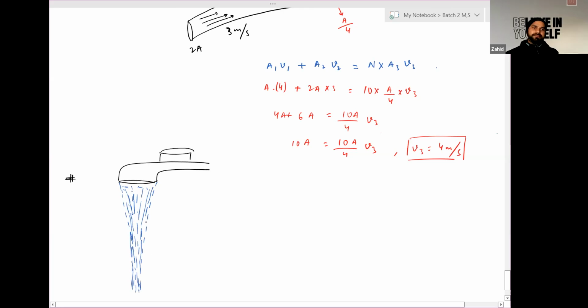So the question is, on falling down, why is the width of the stream of this liquid continuously shrinking? Why does the width of the stream of water decrease on falling?